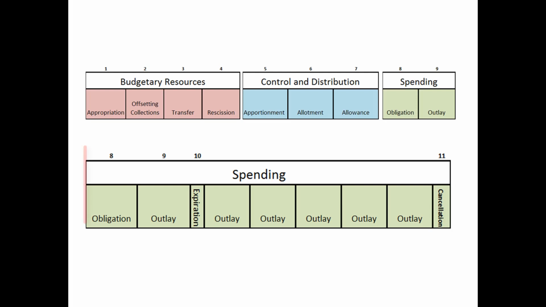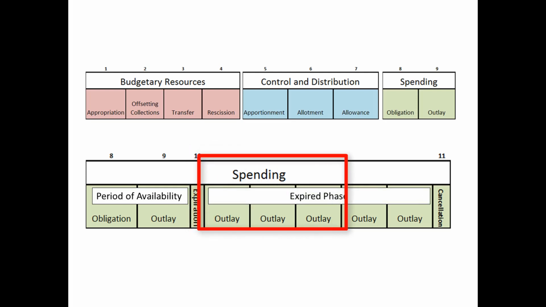We'll first focus on the obligation and outlay budget execution events that occur during the period of availability. As you will see, these events are somewhat intertwined. Then we will cover the expiration budget execution event at the end of the period of availability, the outlay events that occur after expiration, and finally, the cancellation event at the end of the process.